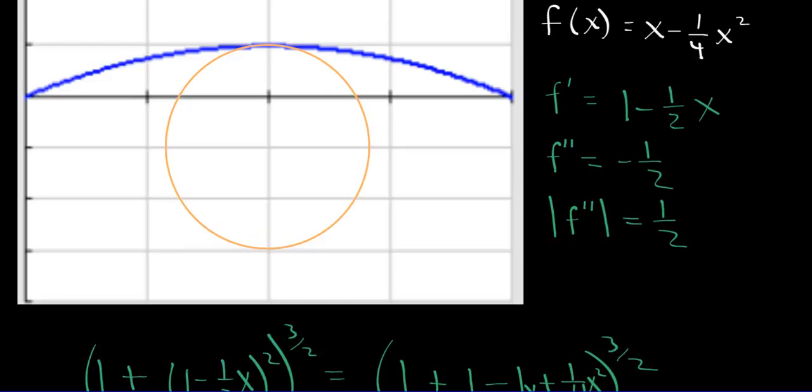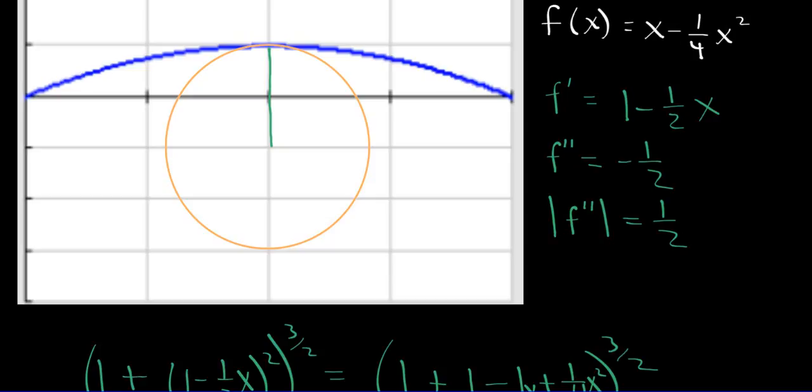Okay, this is a circle, and what I've done is I've made the circle just tangent to the curve up here. And what you notice is the radius of that circle is 2.